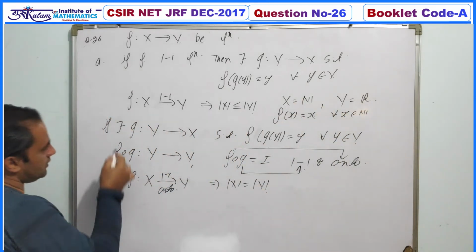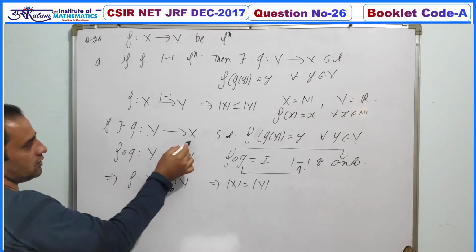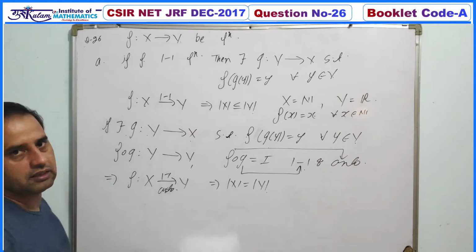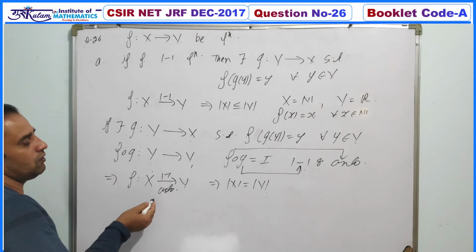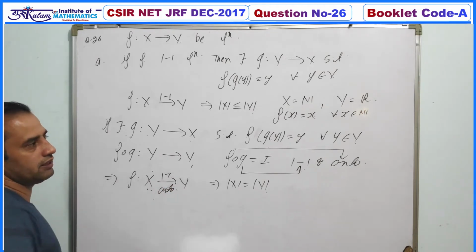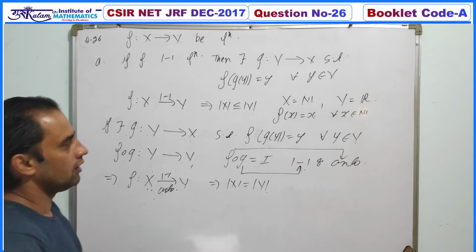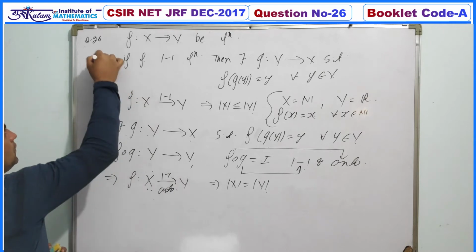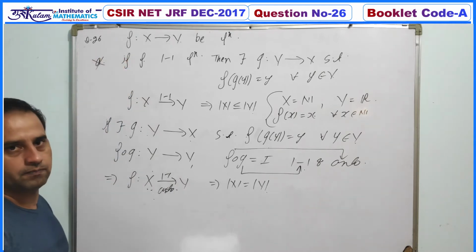Now if there exists g from Y to X such that this property holds, then g is also one-one. But from R to N there does not exist any one-one function, or f is one-one and onto, but the cardinality of X is countably infinite and the cardinality of Y is uncountable. So this is a counterexample for option 1, so your first option must be false.